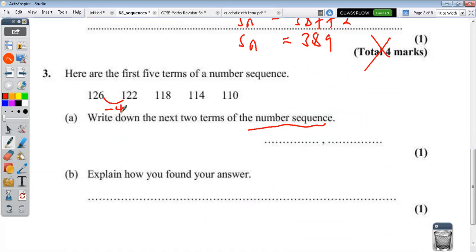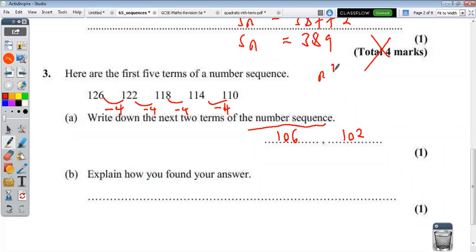Minus 4. So there we simply subtract 4. We get 126, then we subtract 4, we get 122.